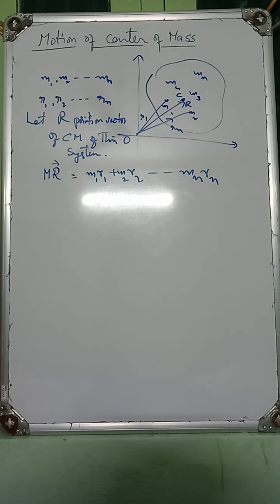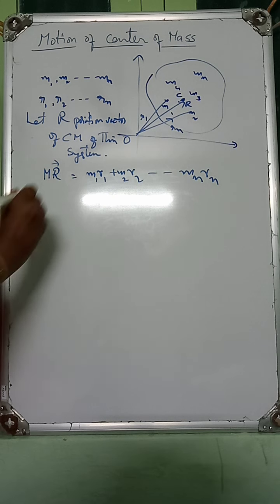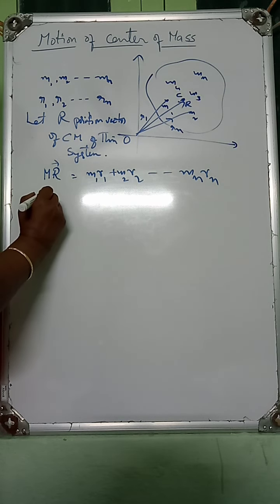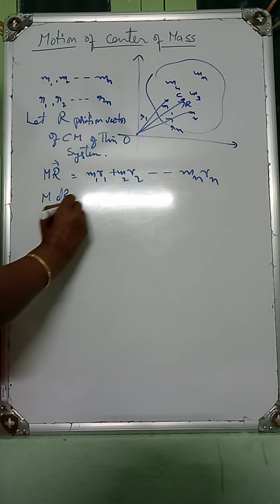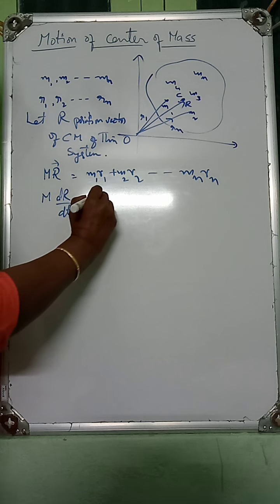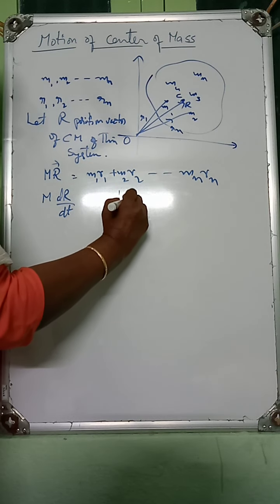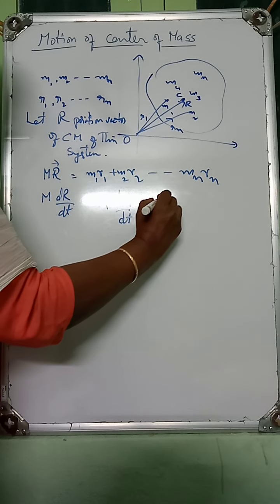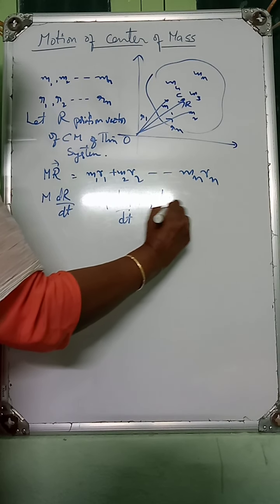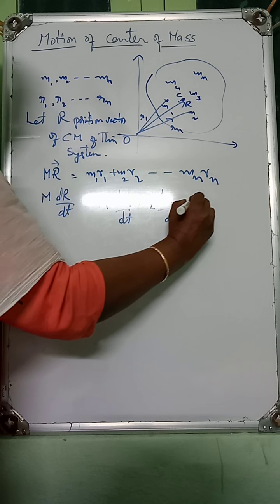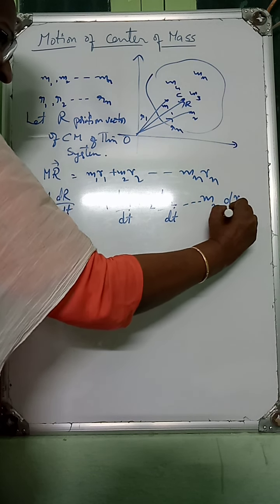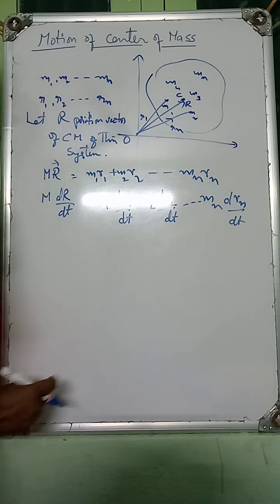Now differentiate both sides with respect to time. Mass is not a variable, so no need to differentiate mass. M dR by dt is equal to m1 dr1 by dt plus m2 dr2 by dt, and so on up to mn drn by dt.